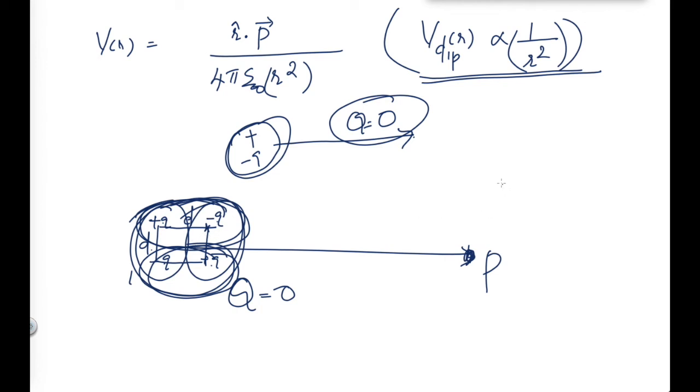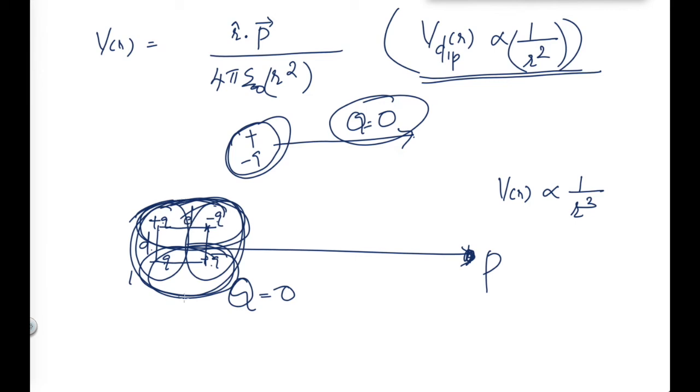And we analyze it, we show that V of R is going to be proportional to 1 by R cube. Now, suppose if I take the dipolar potential individually, there are two dipoles, and the dipole moments of each dipole cancel each other.